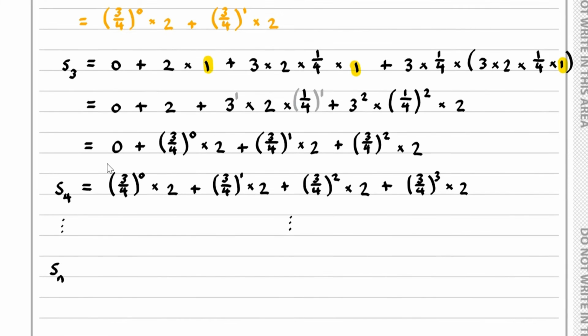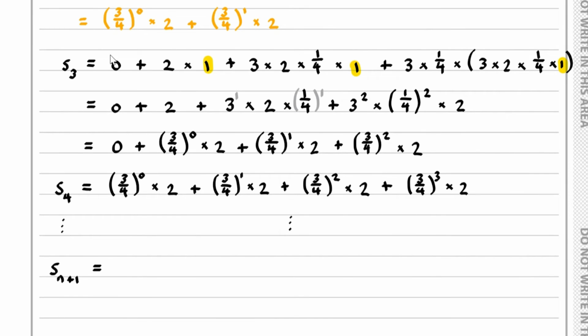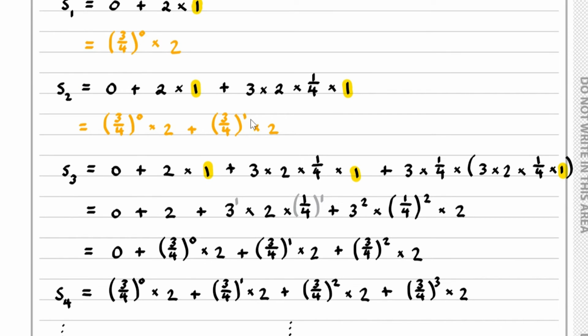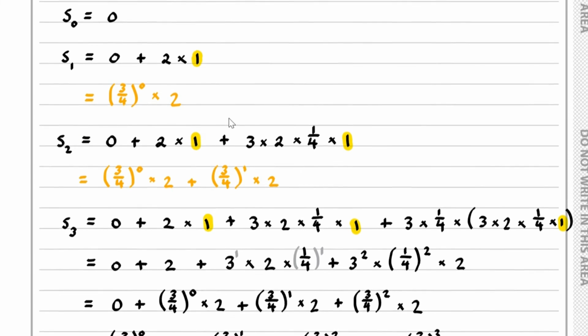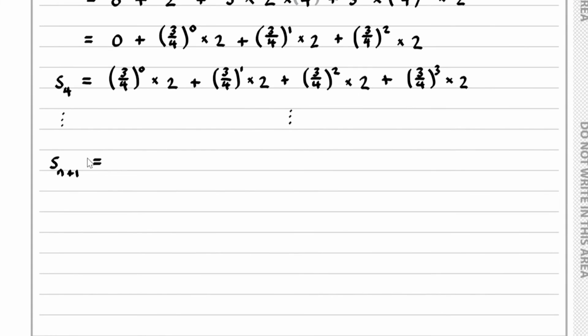But what we can do is think about what we would have for Sn plus 1. Because if you notice, for the 4 for example, that's 1 more than the 3 here. And the 3 is 1 more than the 2 here. And the 2 here is 1 more than the 1. And the 1 is 1 more than the 0. So that's why we consider Sn plus 1 instead.